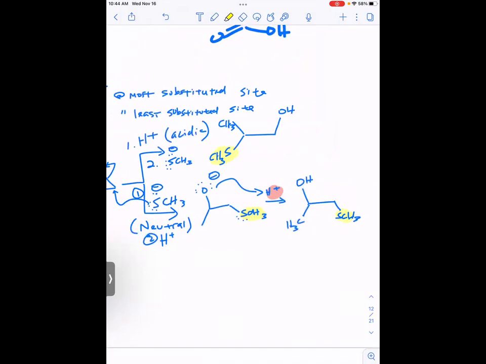What do we call that? Where I got either side I can attack. And what's the term we use for that? What's the term we used up top? Both of those carbons in that epoxide represent a region. So what do we call it when we see the two different products like that?